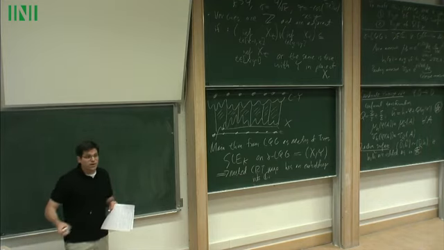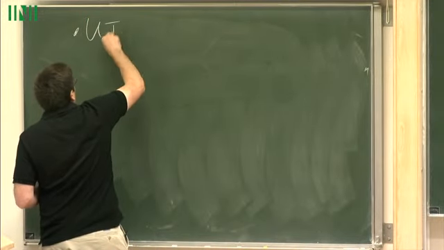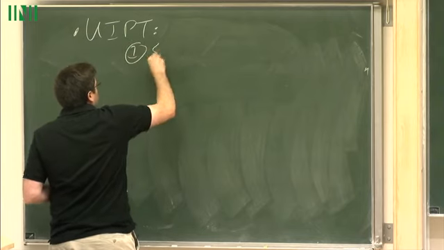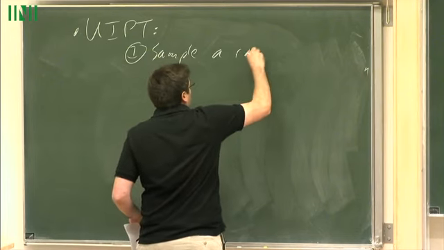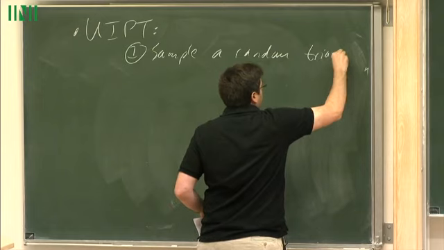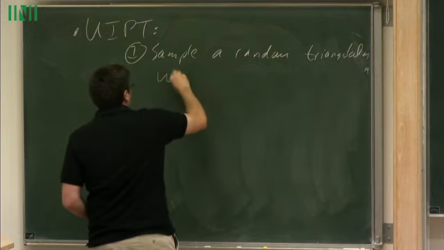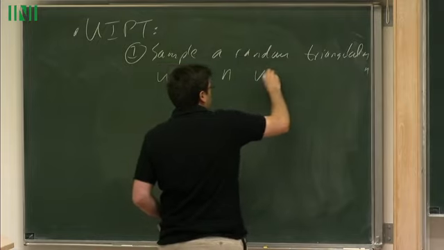The way that you construct the UIPT or the UIPQ is very simple. To construct, for example, the UIPT, what do you do? You sample a finite volume random triangulation with some fixed number of vertices, so for example, with n vertices.